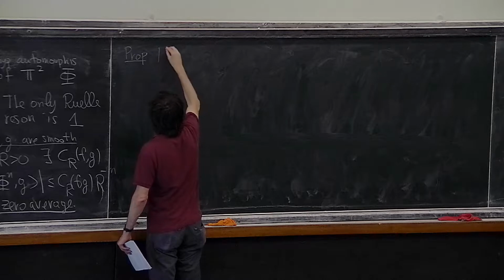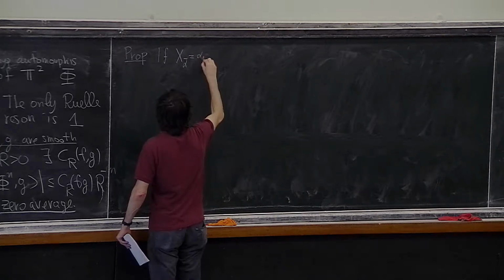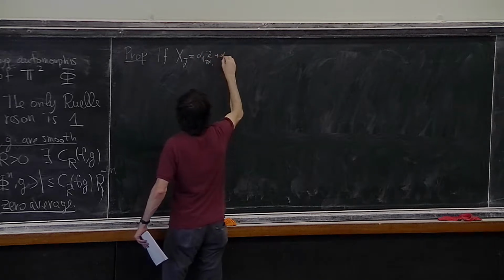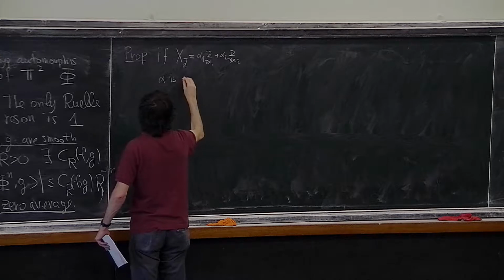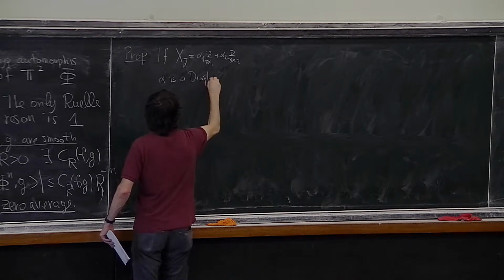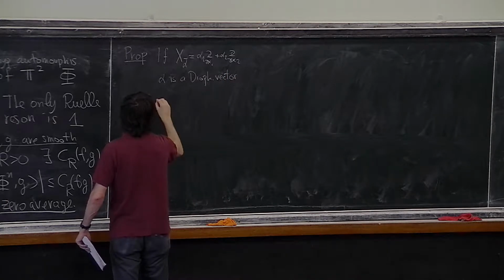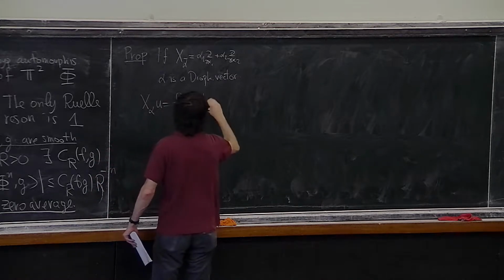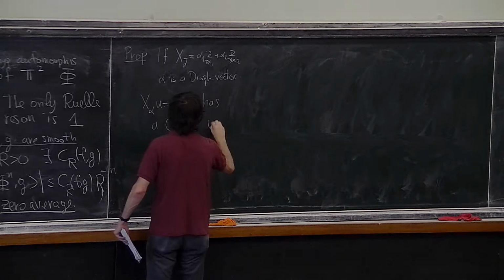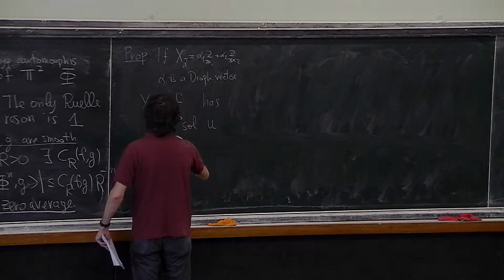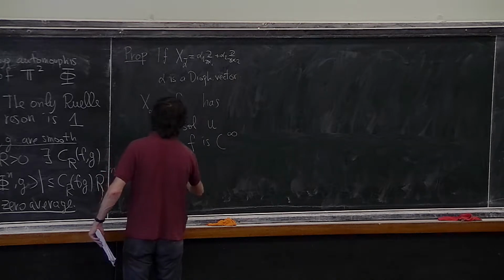If X_alpha, where alpha is a vector, alpha_1 d/dx_1 plus alpha_2 d/dx_2, is a Diophantine vector, then the cohomological equation X_alpha u = f has a C-infinity solution u whenever f is C-infinity and of zero average.